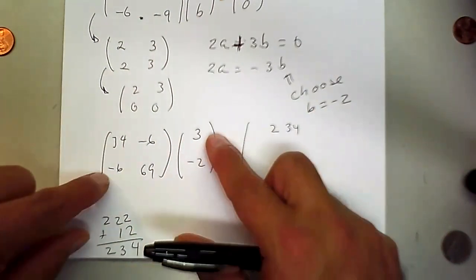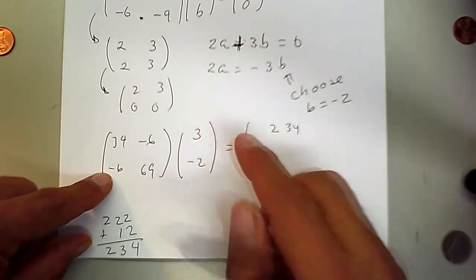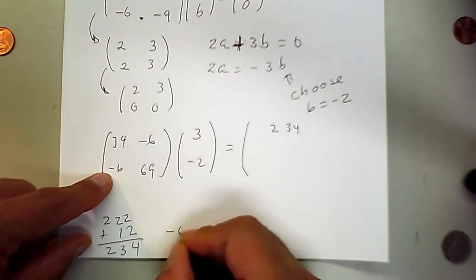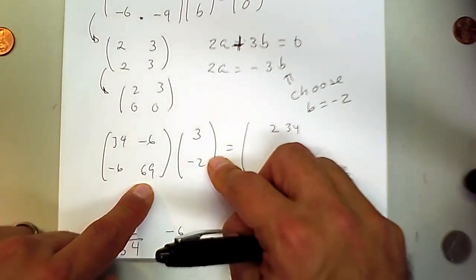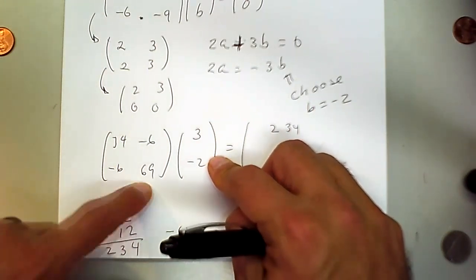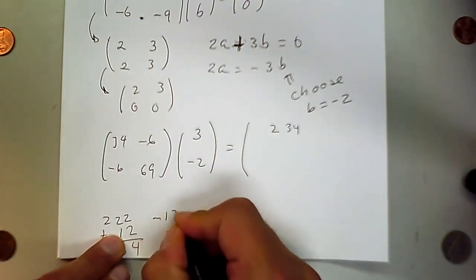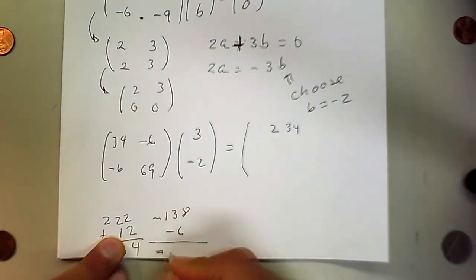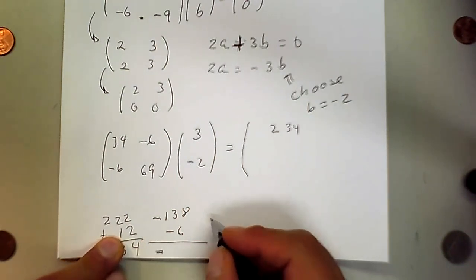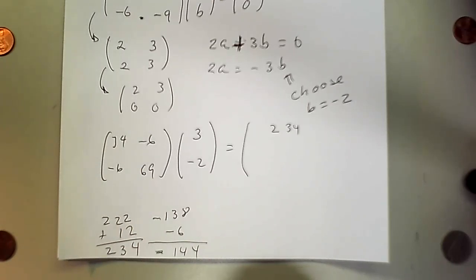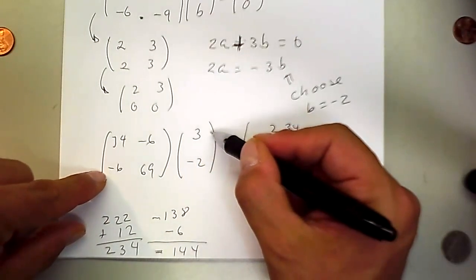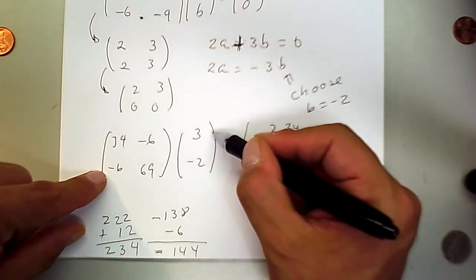All right, let's multiply the other one, negative 6, and then we're going to add negative 138. So that's going to give us negative 144. Is that negative 2 times 78? I don't think so. Did I do this right? Negative 6. Where did I get negative 6?